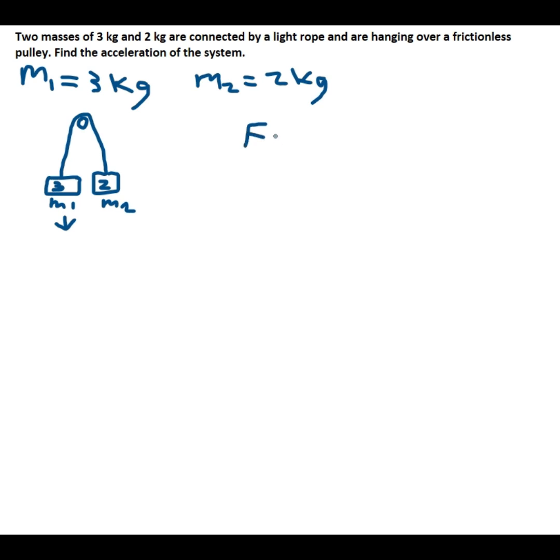We need to find the net force acting on the system, which in this case will be the force of gravity from mass 1 minus the force of gravity from mass 2. We can rearrange this by factoring out the g, so we just have that the net force is equal to the first mass minus the second, all times gravity.